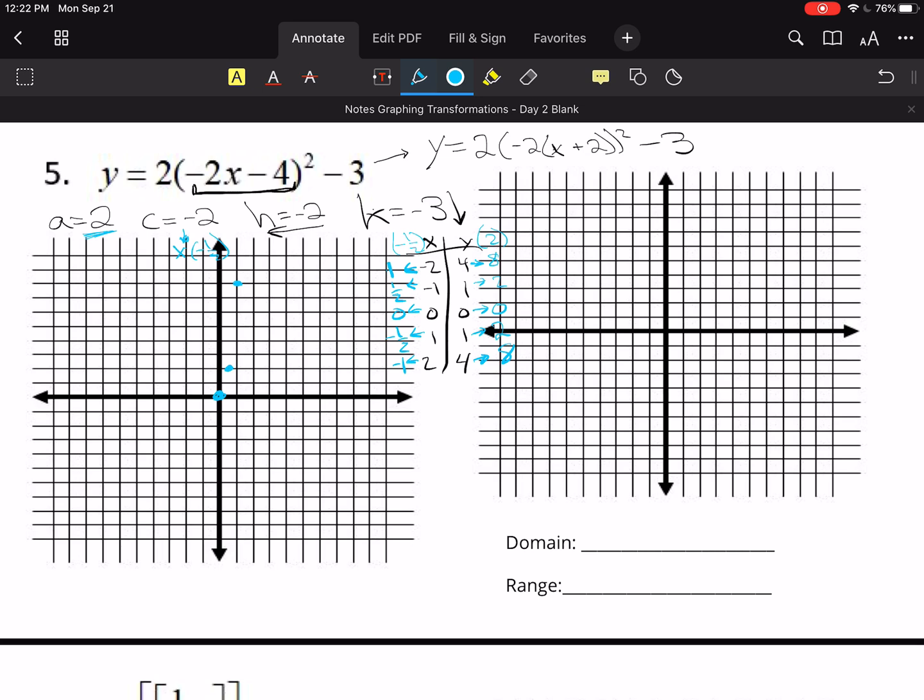Same thing on the other side. Now, the thing to note with this, since quadratics are symmetrical about the y-axis, right? That negative on my c value would normally flip me around that axis, right? So think about spinning your graph horizontally, right?